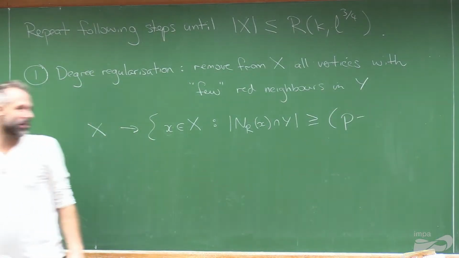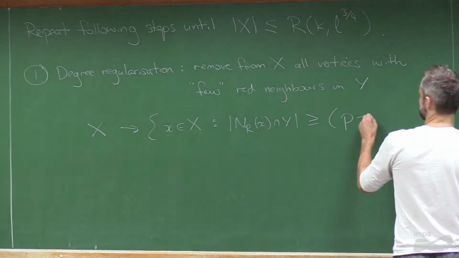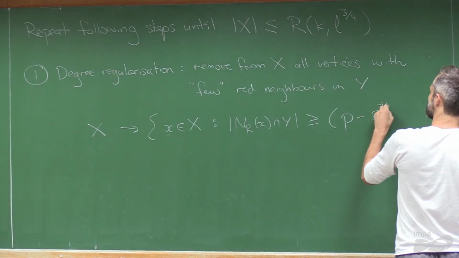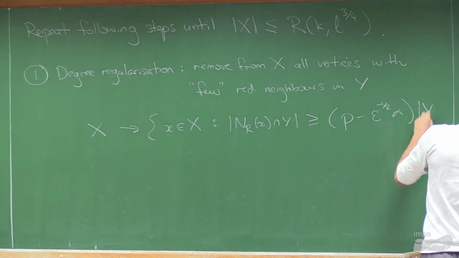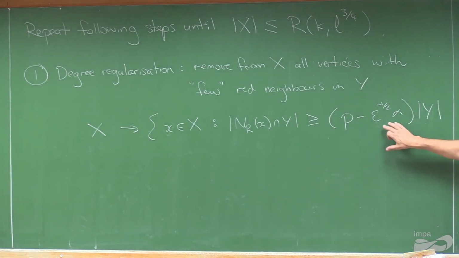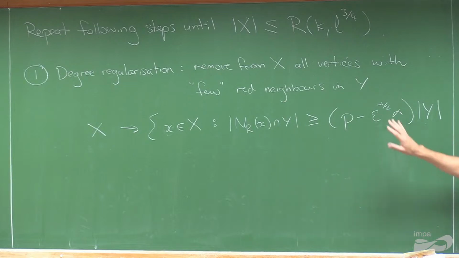Let's take alpha over root epsilon, so epsilon to the minus a half times alpha times Y. So our allowed change in density is much bigger than alpha and much smaller than alpha over epsilon, much smaller than 1 over k. This turns out to be the right range, and within that, it doesn't really matter exactly what we do. So that's a way of updating.